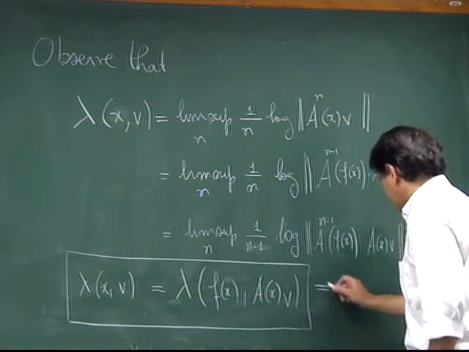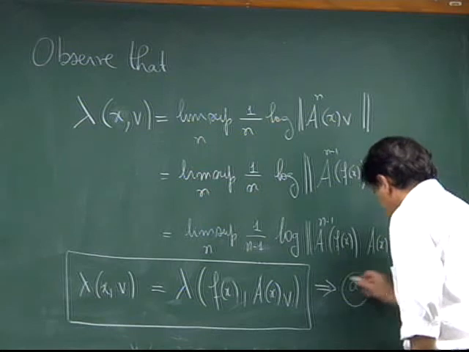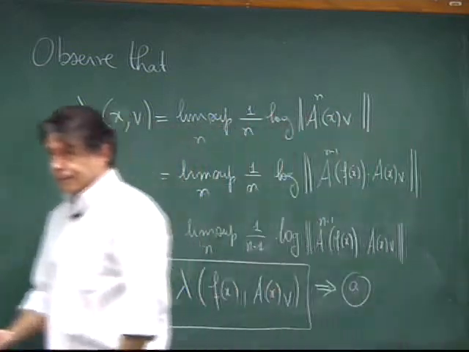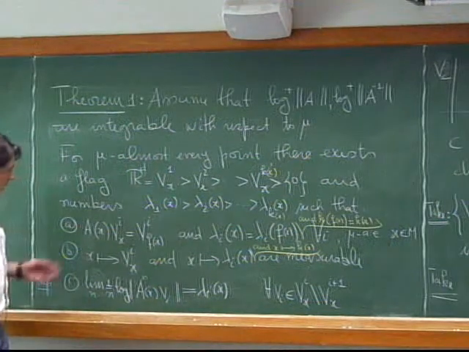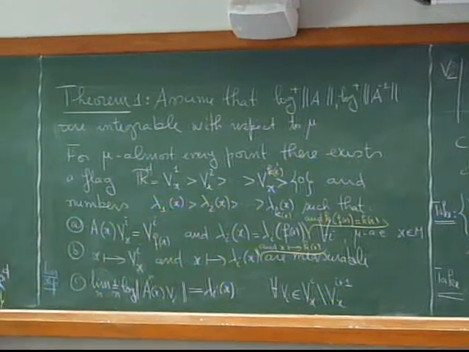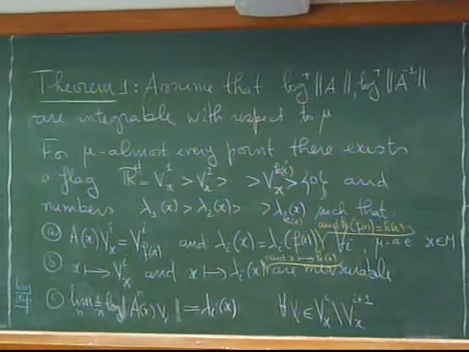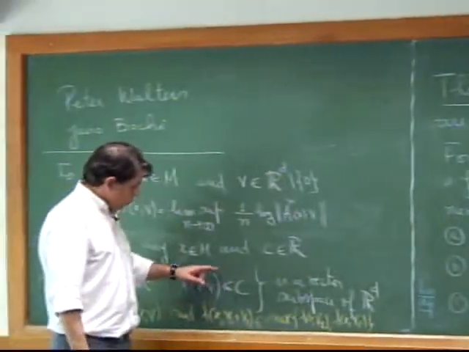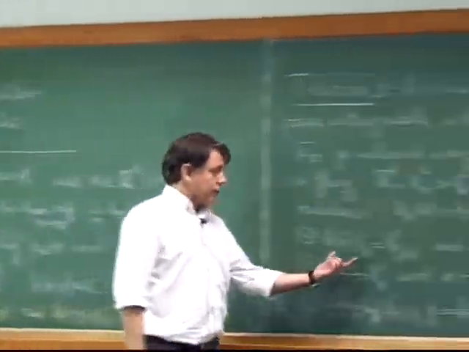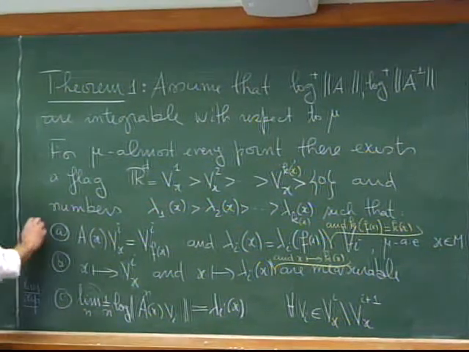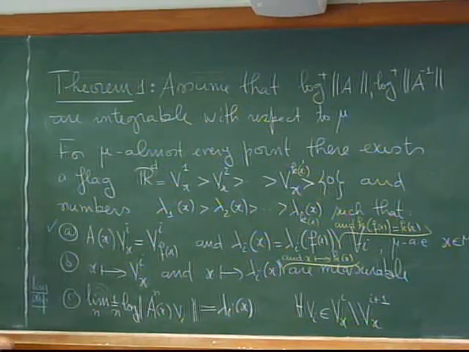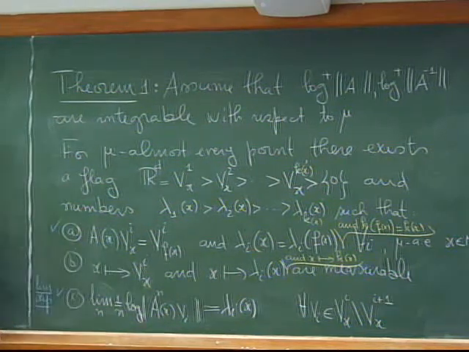This implies part A of the theorem, that the lambdas are the same, the values of this function are the same at x or f(x), and the places where the vectors for which this growth is less than a given constant are the same. We are preserved by iteration. So we already have this, and we also have this for lim sup.